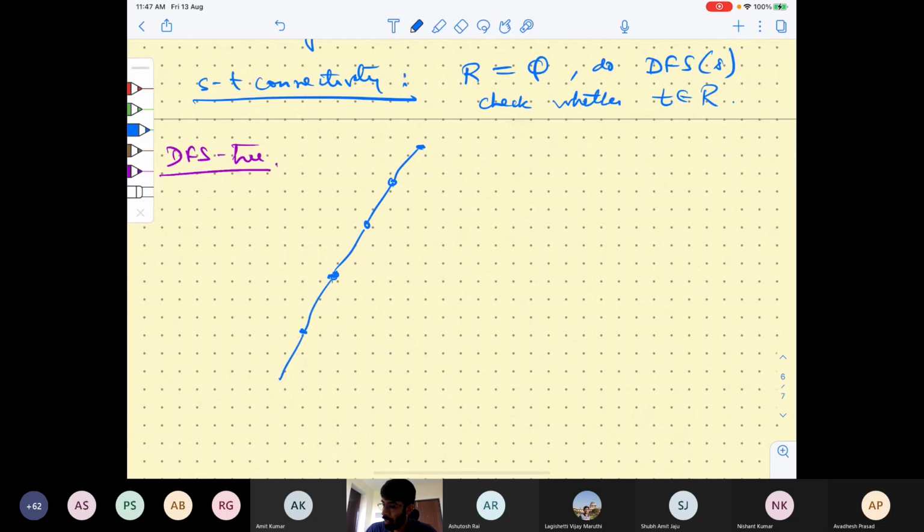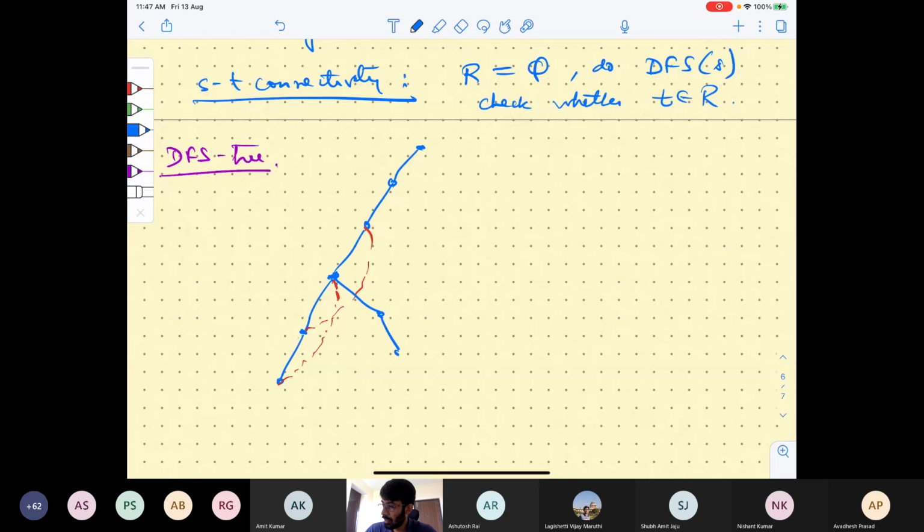Then you go down as much as you can, then you go up, and you saw that there can be edges like this, maybe like this. Then you go up, then you go like this, maybe like this.